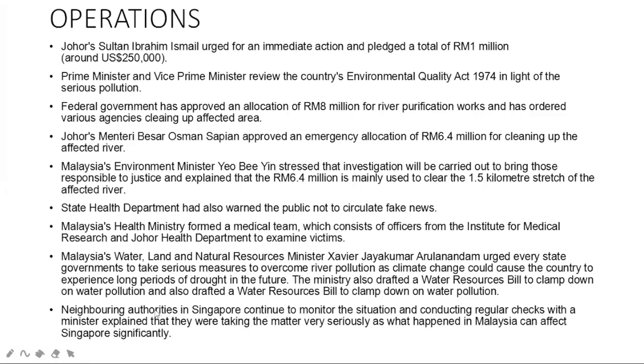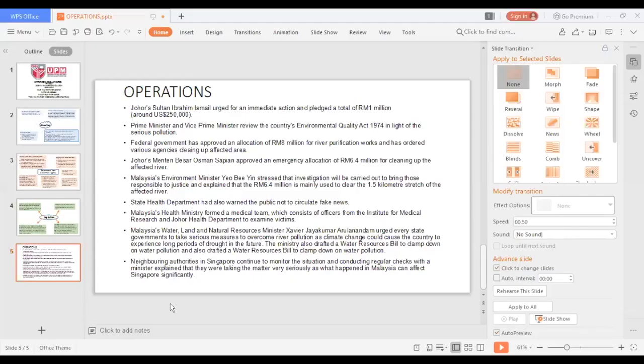Neighboring authorities in Singapore continue to monitor the situation and conduct regular checks with the minister, as this river in Malaysia is also connected with Singapore. So the Singapore authorities make regular checks with our authorities. So that's all from me.